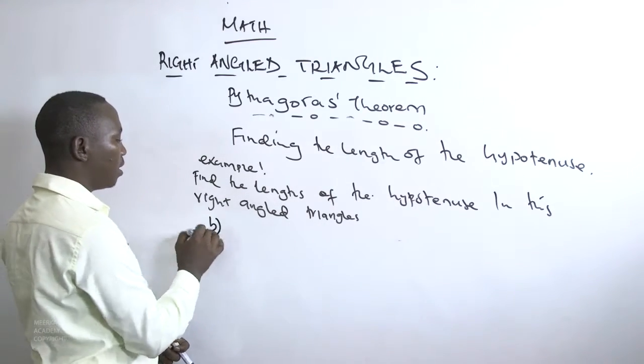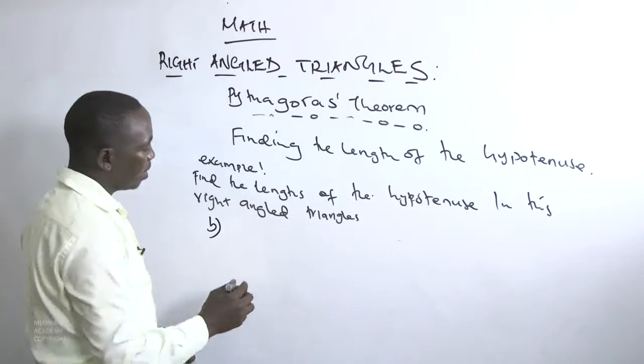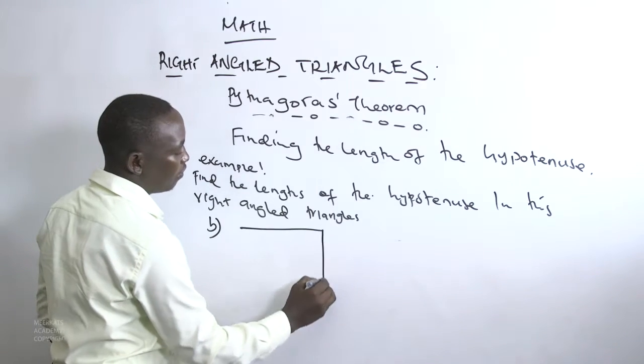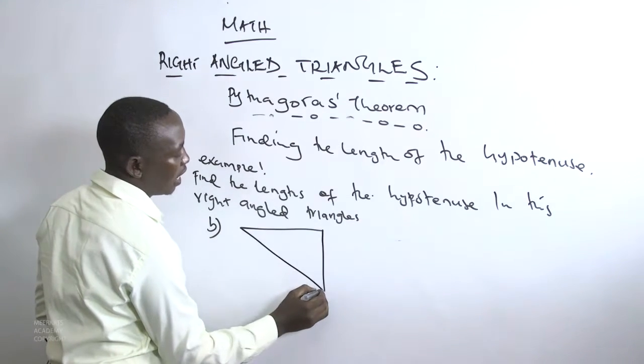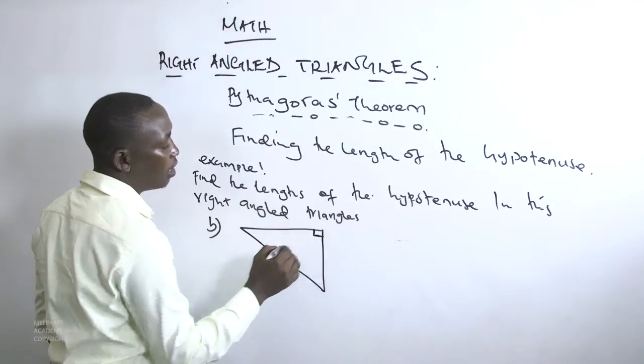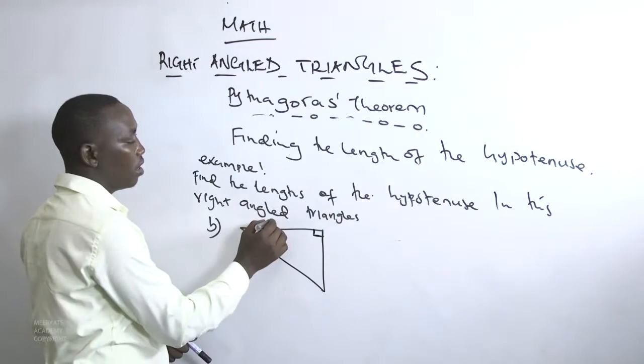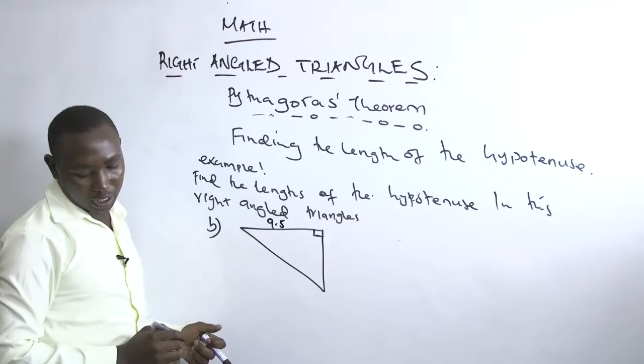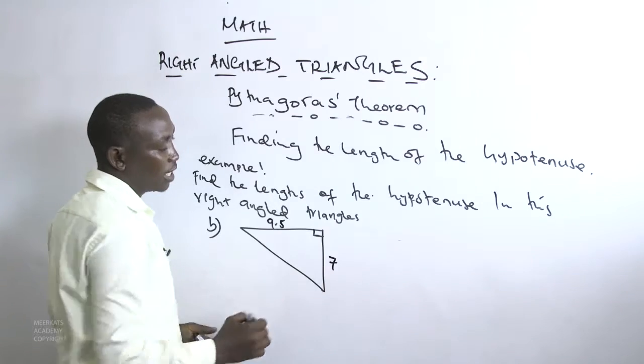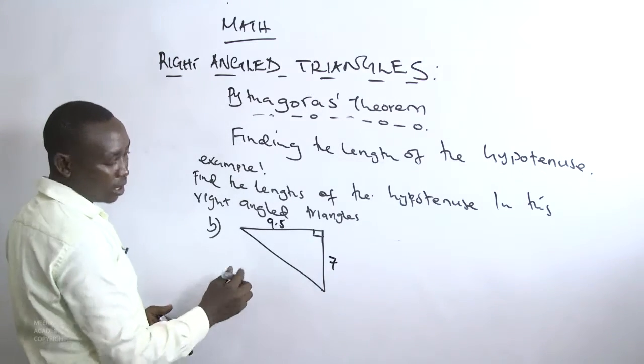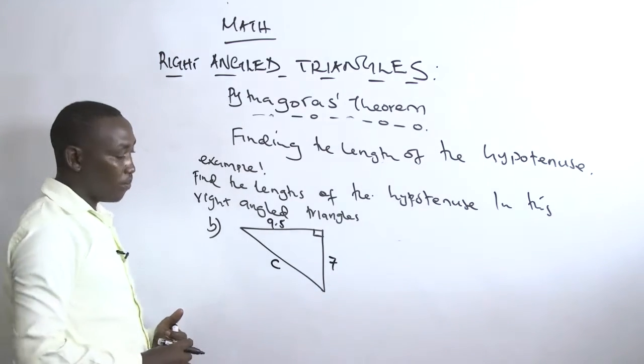Part B of the question, we have a right angle triangle of that form, where that is 9.5 centimeters. The other shorter side is 7 units. Then we need to get c.